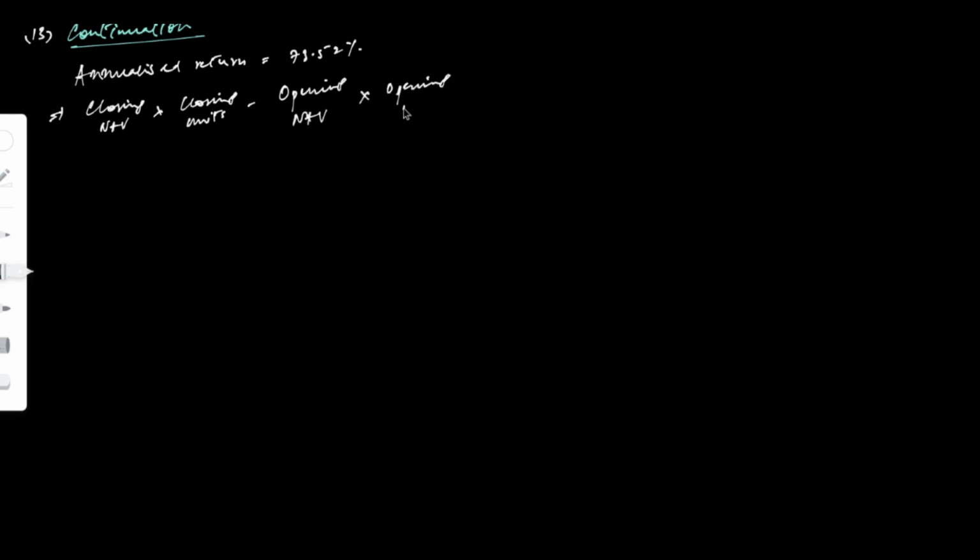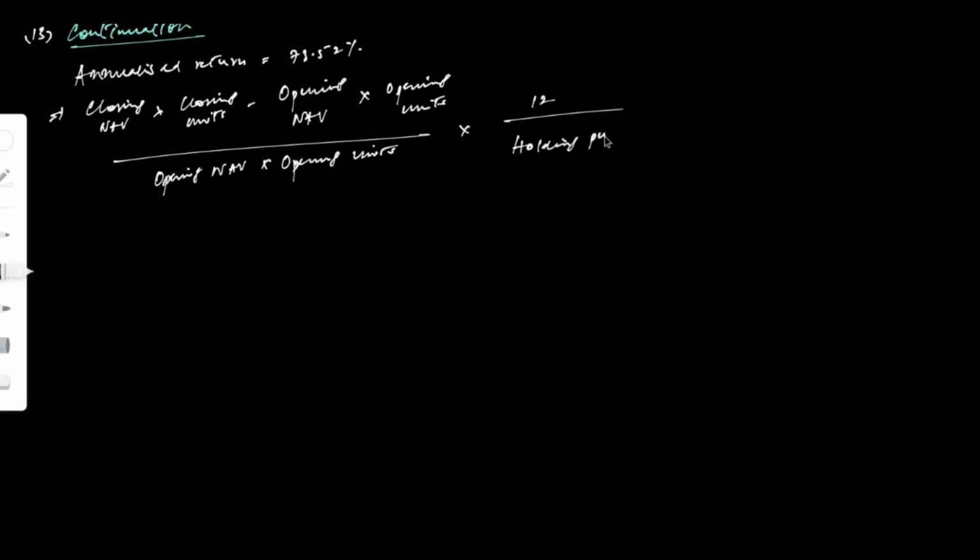So annualized return is 73.52%. That is closing NAV into closing units minus opening NAV into opening units divided by opening NAV into opening units into 12 by holding period. What is closing NAV? This is what we need to find out.